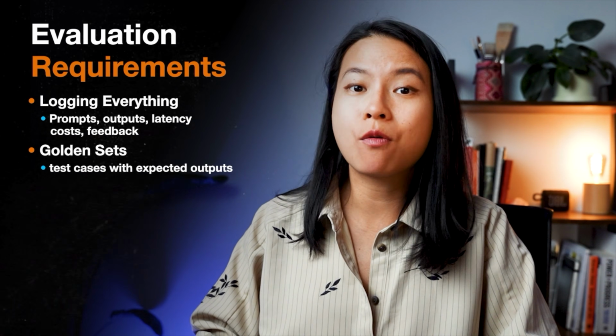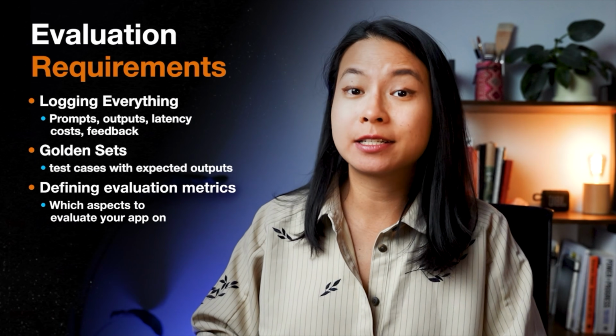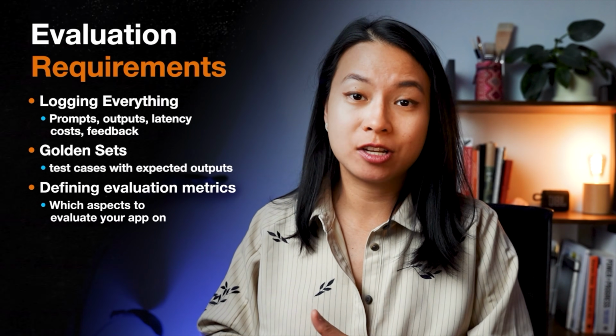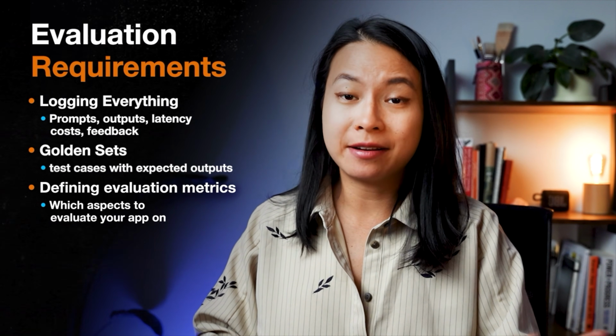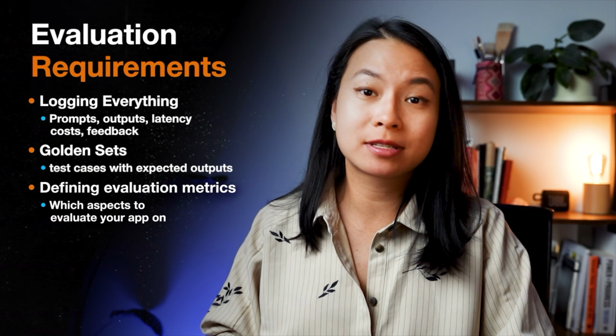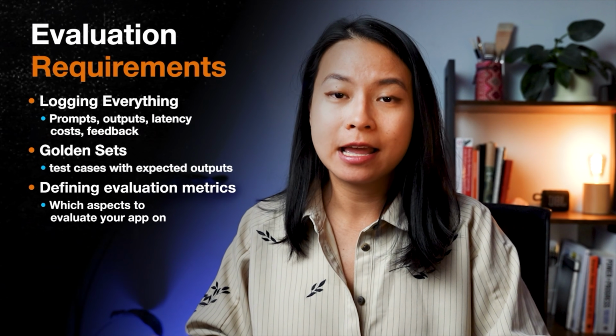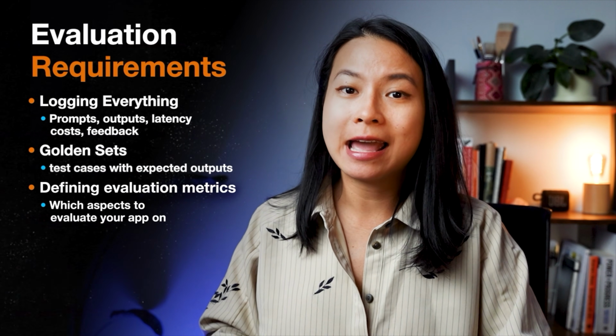Next to that, we also want to define our evaluation metrics. There are different aspects that we might want to evaluate your app on. So this might differ from application to application. For example, for our Inbox Copilot app, we can evaluate the AI-generated replies on the correctness and the tone.